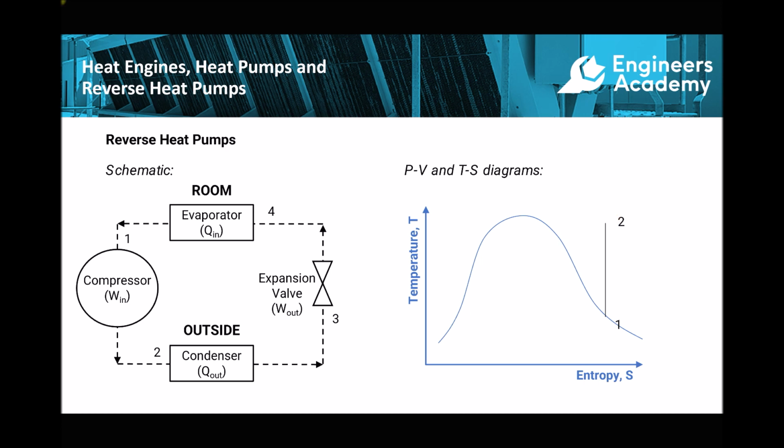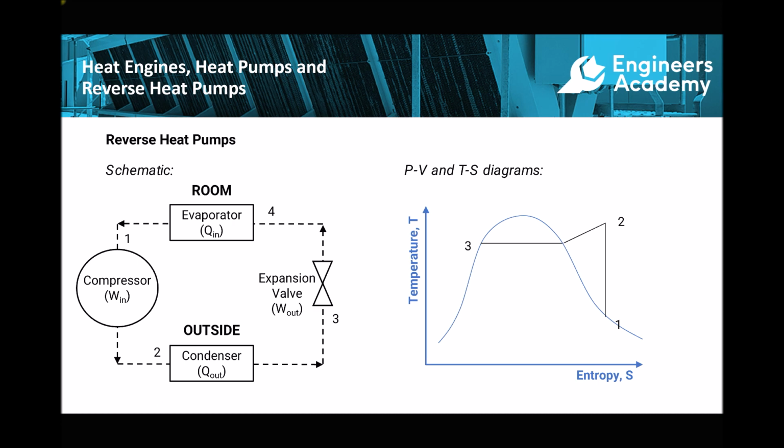The refrigerant is hotter than the outside air, so it's going to give up energy to the outside air. Now bearing in mind the outside air could still be hot, it could be 30 degrees Celsius as an example, but because the refrigerant is hotter, it's going to give up energy to the outside air. In doing so, the superheated vapour cools and it then changes state until it reaches the wet saturated vapour point.